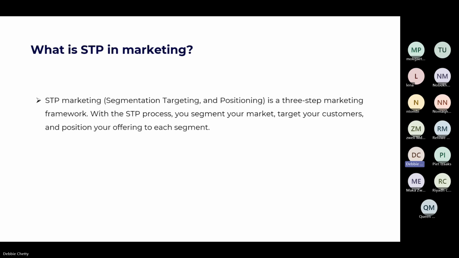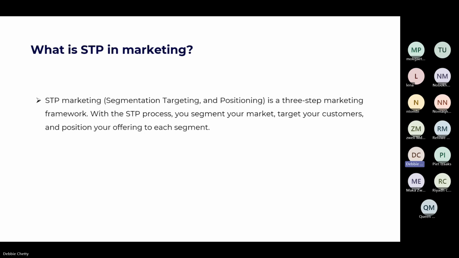Effective marketing involves getting the right message to the right people. That's why STP marketing is a tool marketers often use to ensure that their messaging is directed at the right audience and communicated in a way that entices them to react to the product that the business is offering.